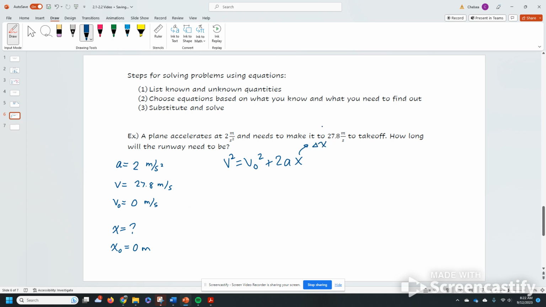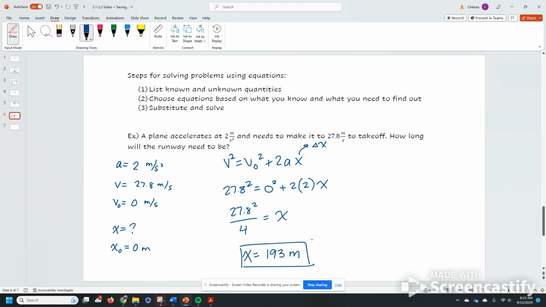Our initial is 0, so it's just going to be our final position there. So our final velocity is 27.8 squared equals 0 squared plus 2 times x. So let's just divide by 4 here to give us our position. And it looks like x needs to be 193 meters so that we can take off for our plane.